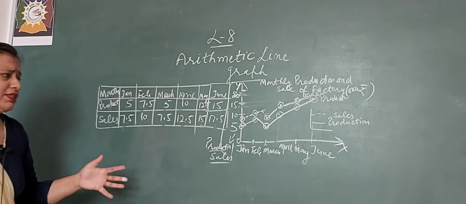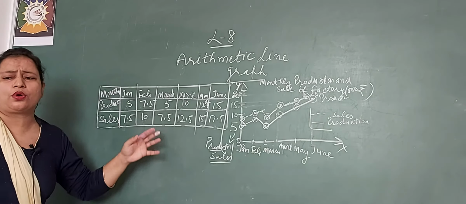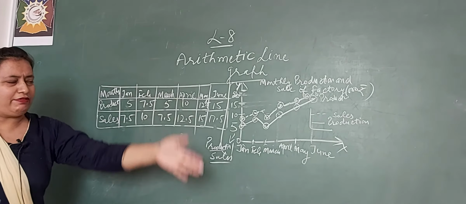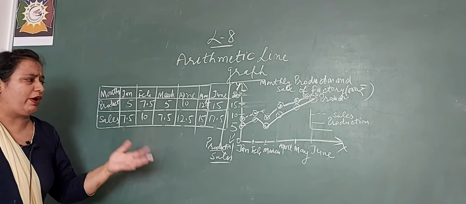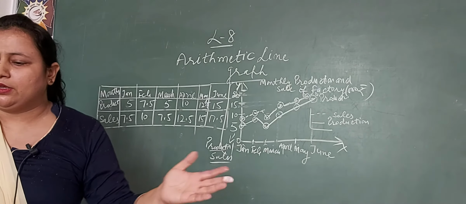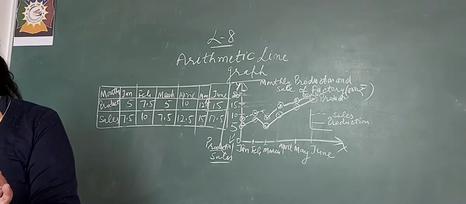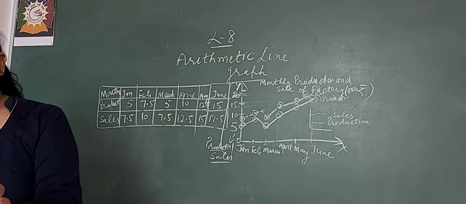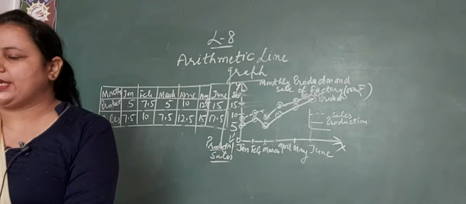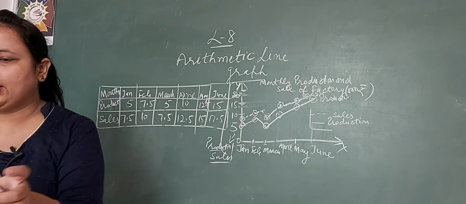I think you can understand it easily. This is a two or more variable graph, but this is a two variable graph. If one more variable is added, it will be a two or more variable graph. So these data will be presented in the form of a graph in the same manner. In the graph, both production and sale are shown on the y-axis.